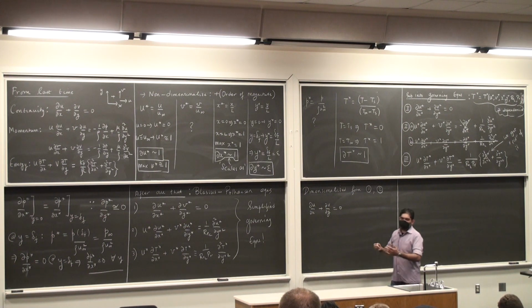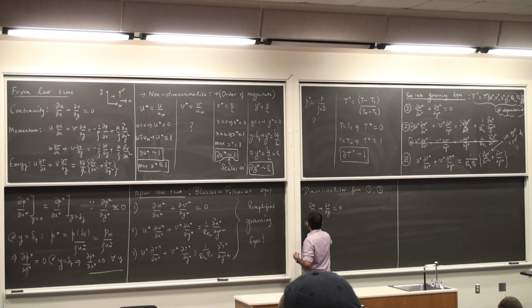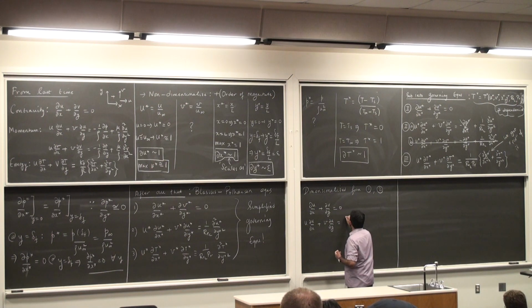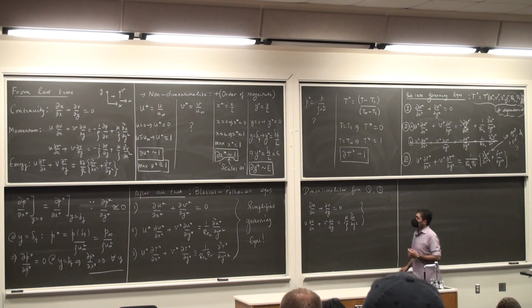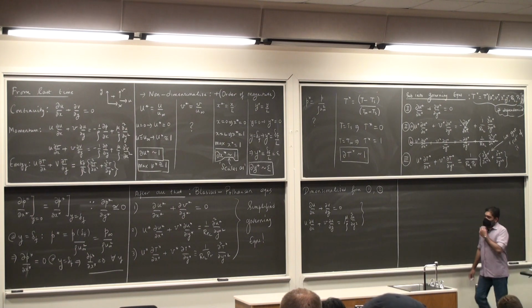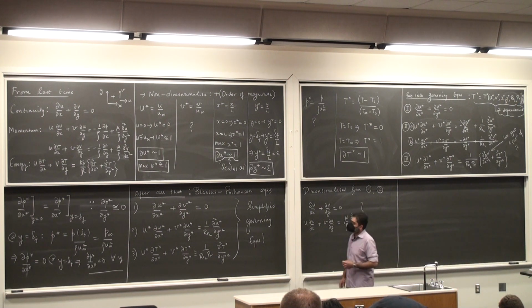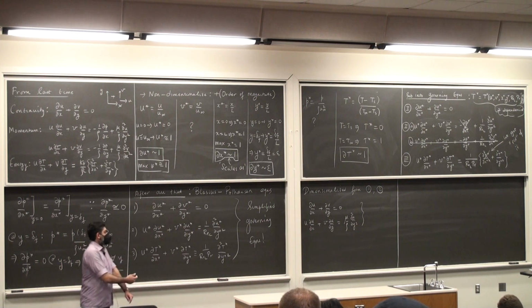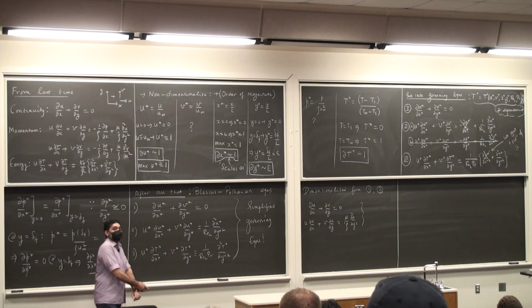Not necessary, but it can be done, it's not a problem. U du by dx plus v du by dy is mu by rho d square u by dy square. If you substitute the first into the second, you get a parabolic partial differential equation, which can be solved numerically, okay? But we don't want to do that. What we want to do is we want to convert it into an ODE.